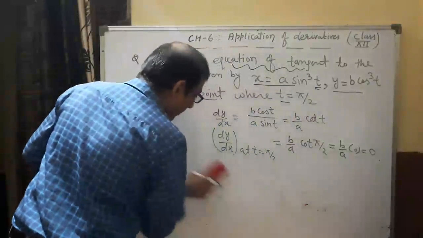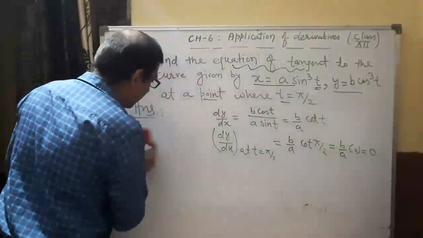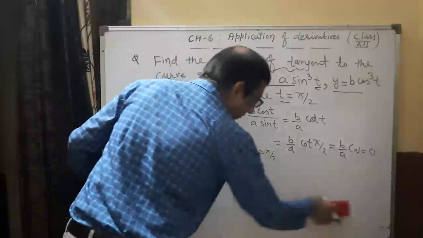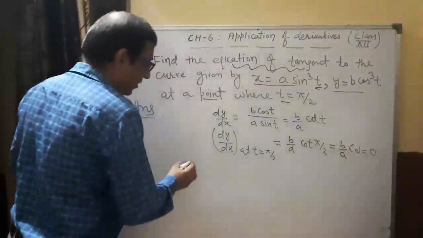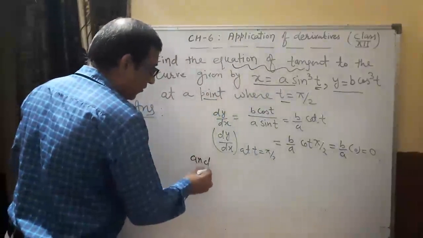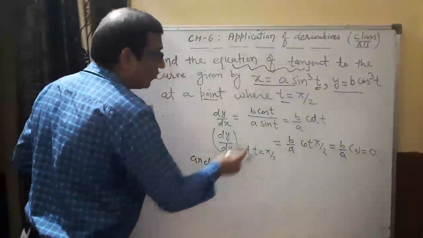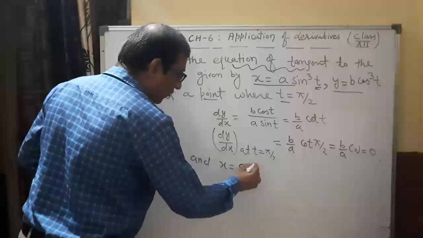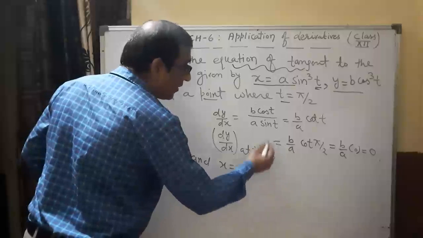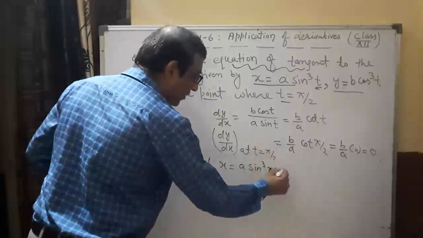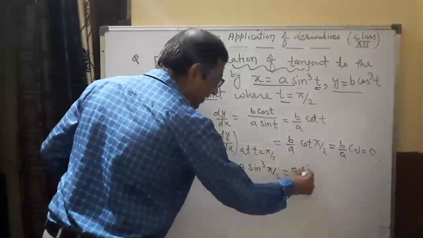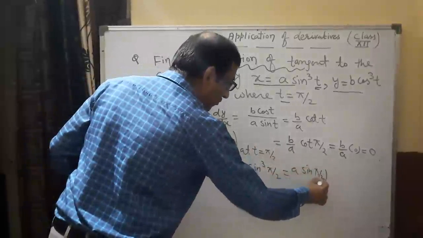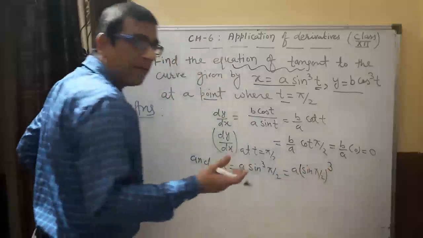After this, now we will calculate the values of x0 and y0 for equation number first. So x equals a sin cube t is given to us. Again we will put the value of t here, that is pi by 2, and it can be written as a sin pi by 2 whole cube, and sin pi by 2 is 1.